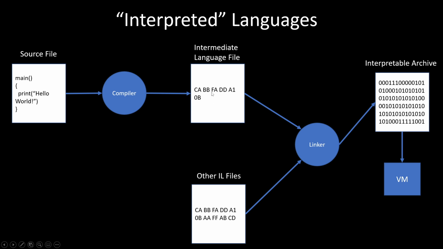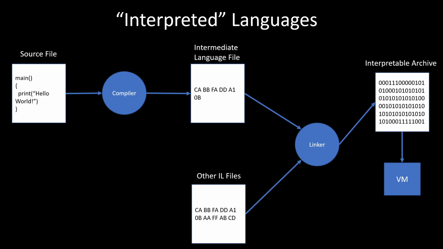Now, this intermediate language is neither a source code text file, it's very close to machine code. Therefore, this virtual machine interprets it usually very, very fast, because it's just one step away from being true machine code. Now, in the beginning, what was the main drive to invent virtual machine languages like Java?